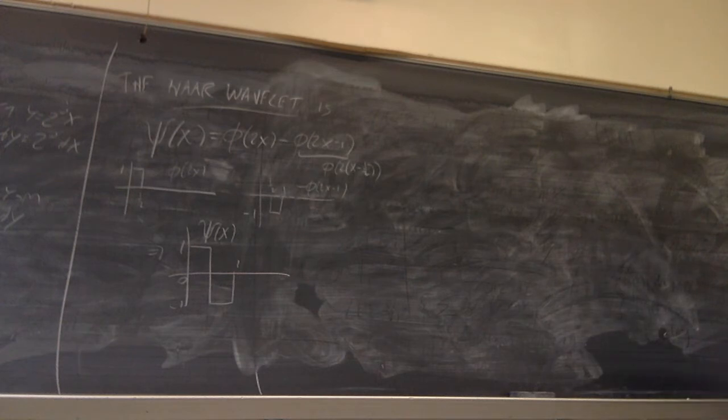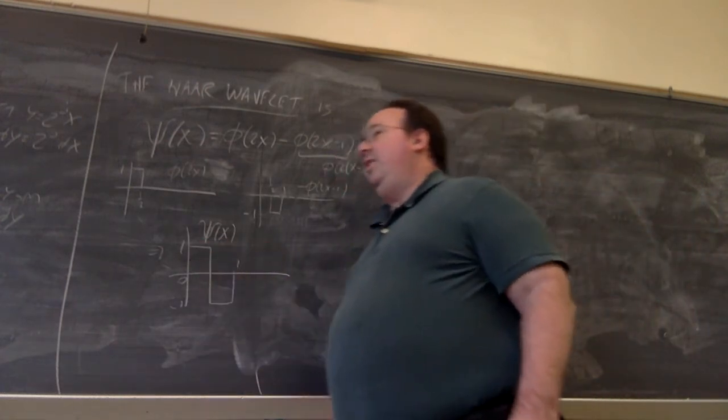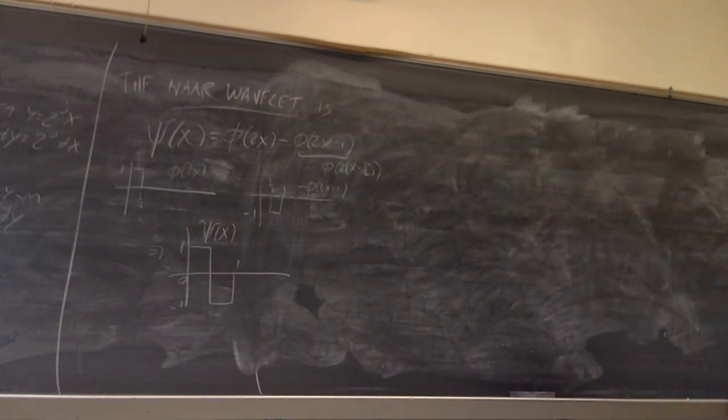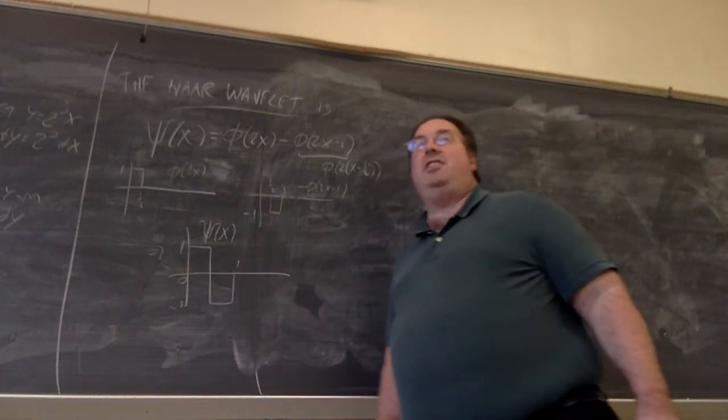Now, if you were to compare this to the scaling function that's equal to 1 on the entire interval from 0 to 1, you would see that the scaling function and the wavelet are orthogonal to each other, because we'd have positive area here with negative area here canceling it out.